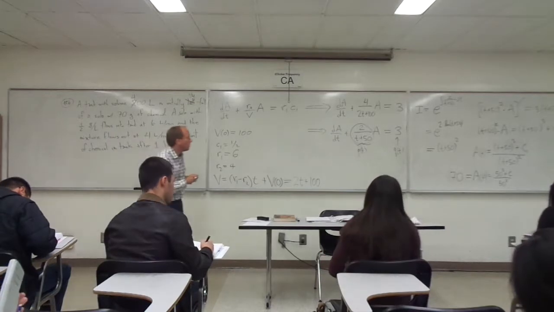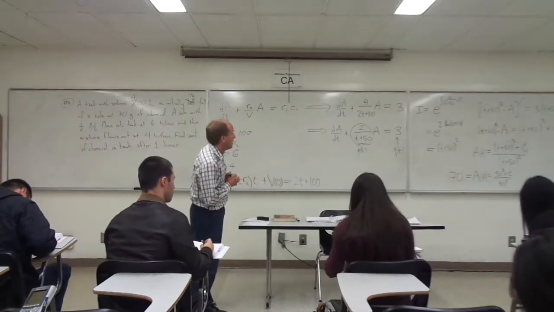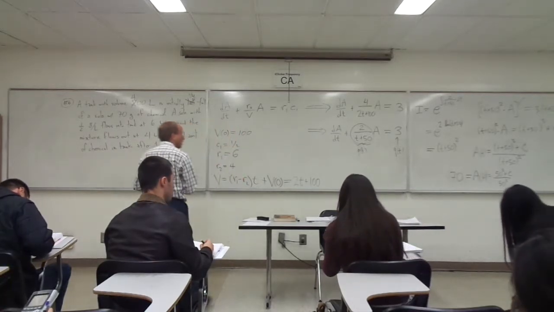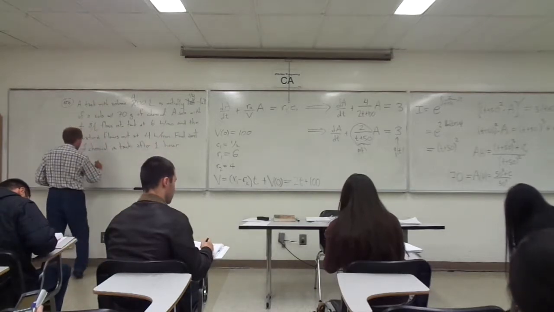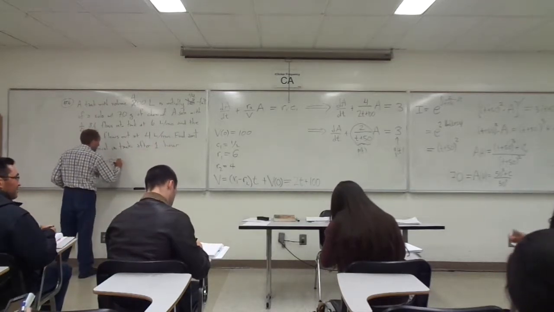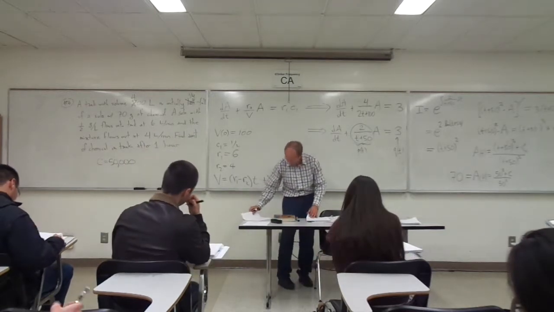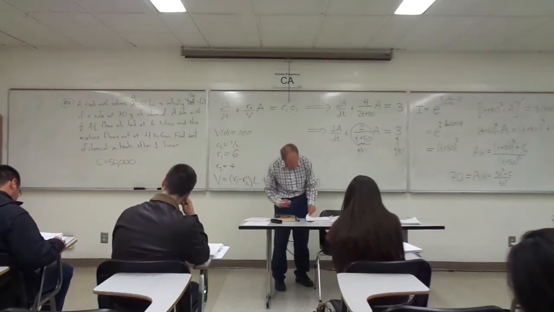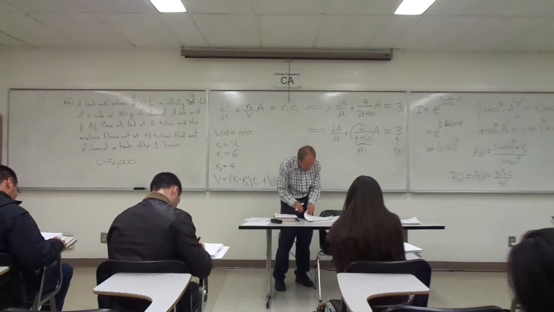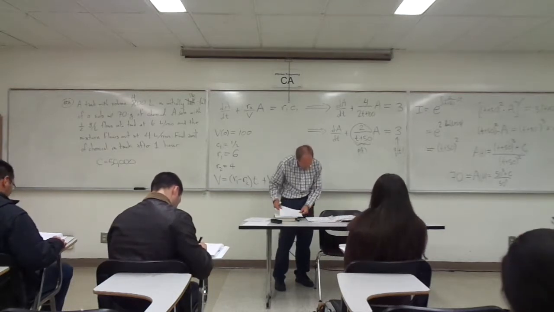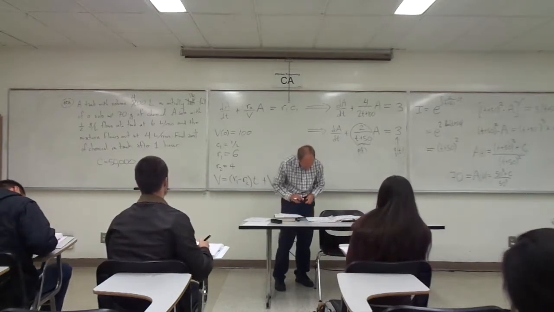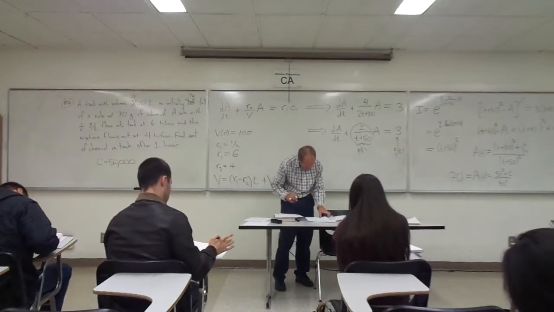Is it 50,000? Okay, I'll take your word for that. So c is 50,000. Actually, hold on, I have the solution, so I can just check it. That sounds right. I just don't want to have it wrong, for sure. Yeah, 50,000, good. That's exactly what I have.